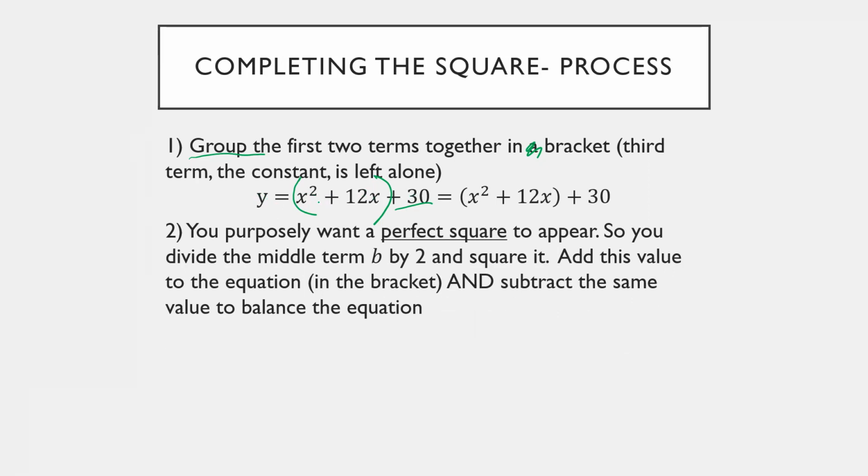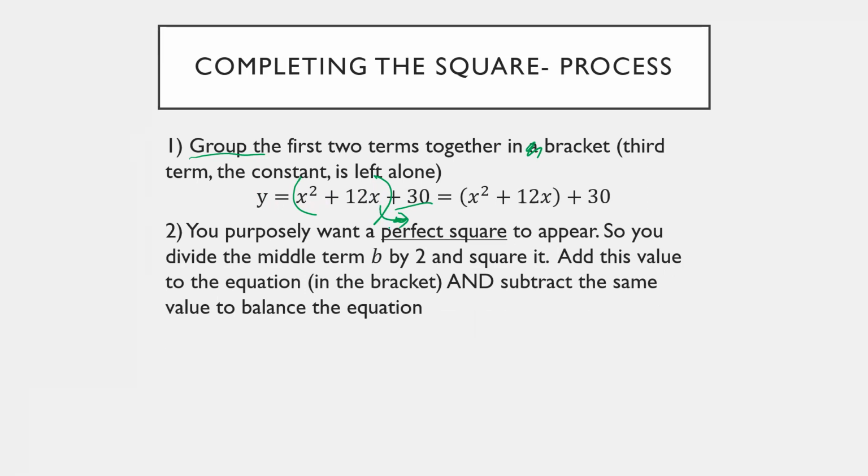So what does that mean? That means you want to add on a third term right after it that is a perfect square. So how do you create a perfect square on purpose? Well, again, you don't have to understand why this works, but I'm hoping it makes sense based on the other examples we did. If you recall, the middle term was 2 times the product of the square roots, right?